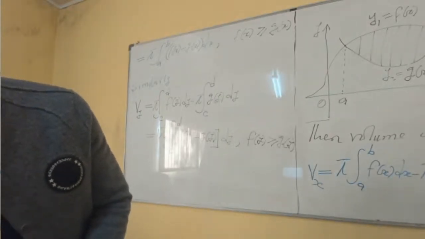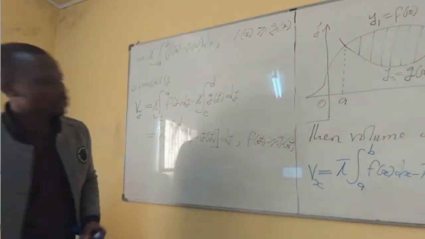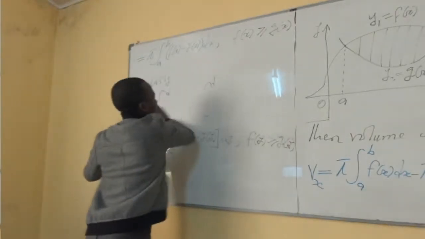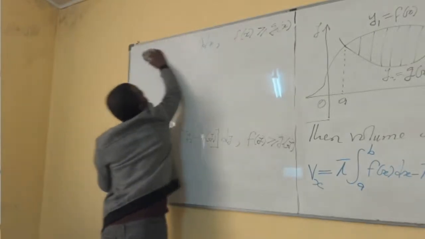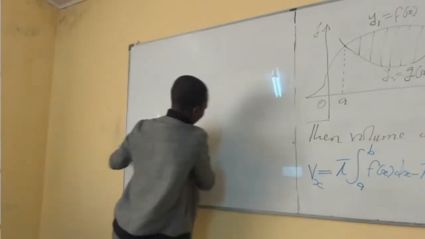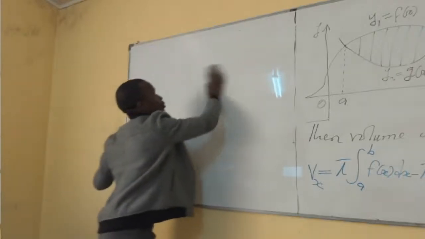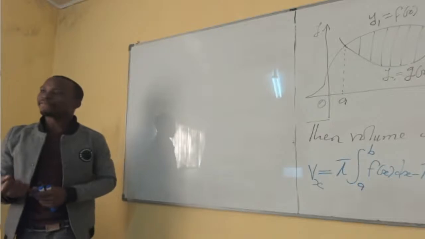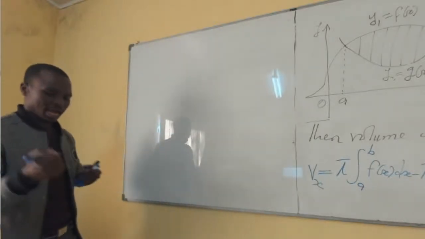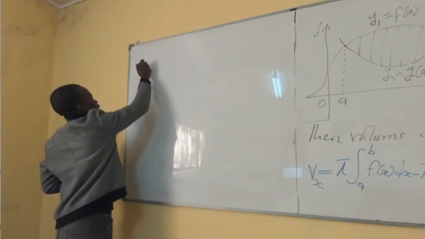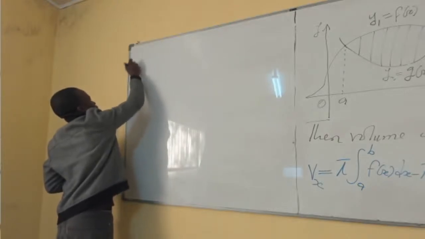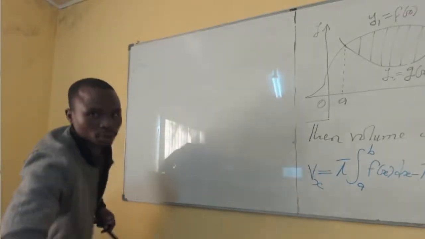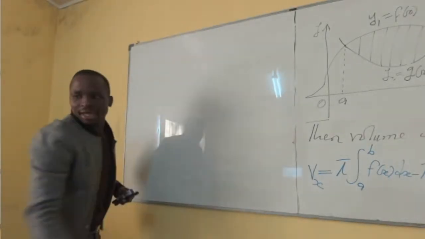Okay, now, all right, so we have example number 18. So this example states that the figure shown below, we have a figure which is being sketched there.